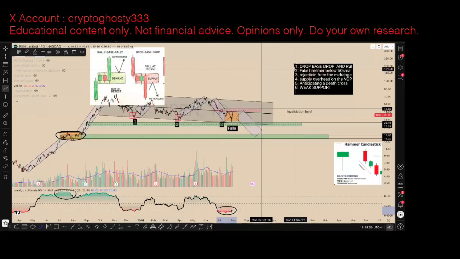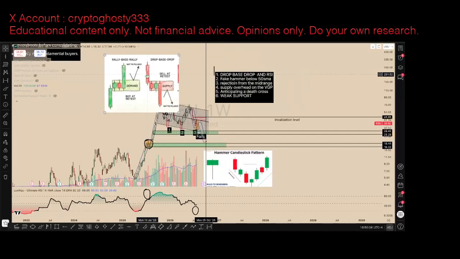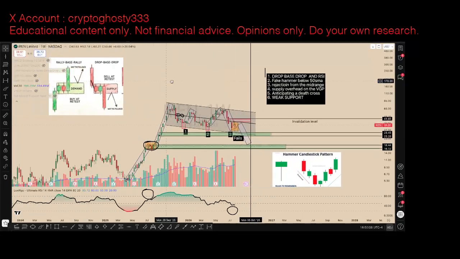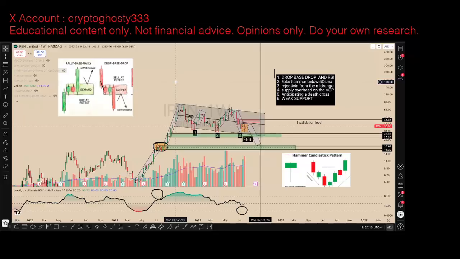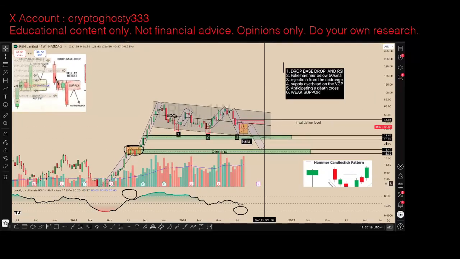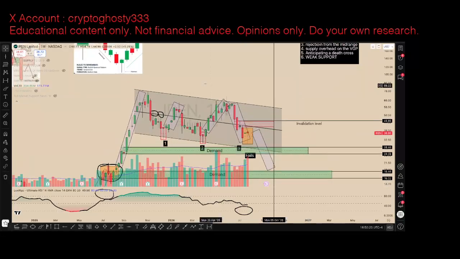So now that we have this first factor out of the way, I'm gonna explain something I explained in my past videos, but in case you guys didn't watch it, I'm gonna go over every single bearish factor that I'm seeing, so it's gonna give more probability to my thesis. As you guys know, I have here a hammer candle and how it should look.